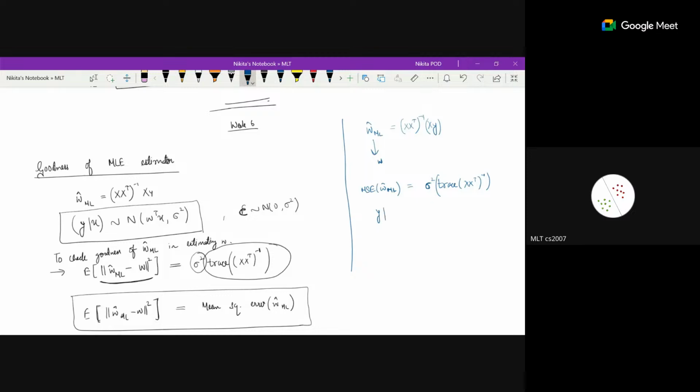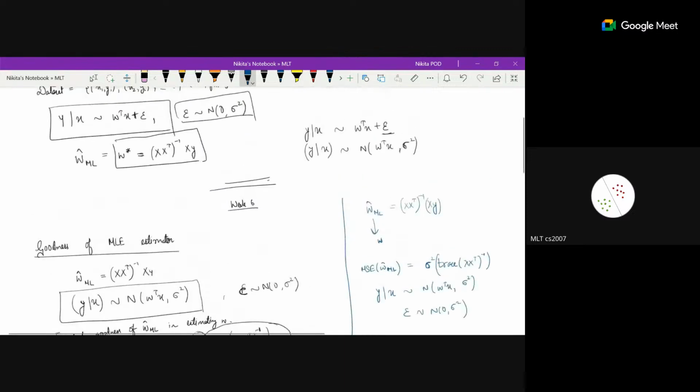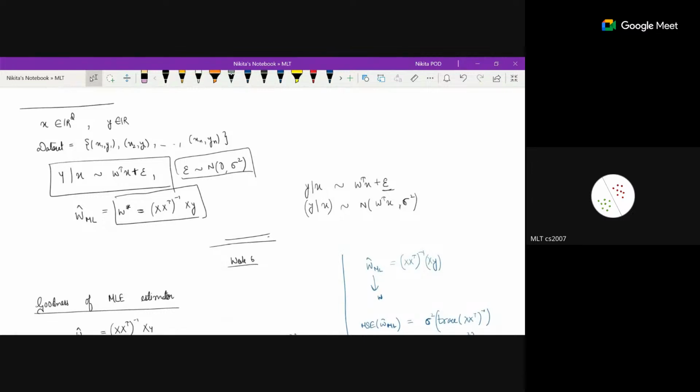Because the labels are generated using the normal distribution with W transpose X, where my epsilon was following a normal distribution with mean zero and variance sigma square.